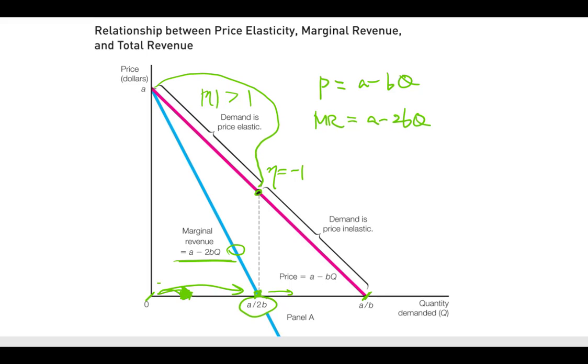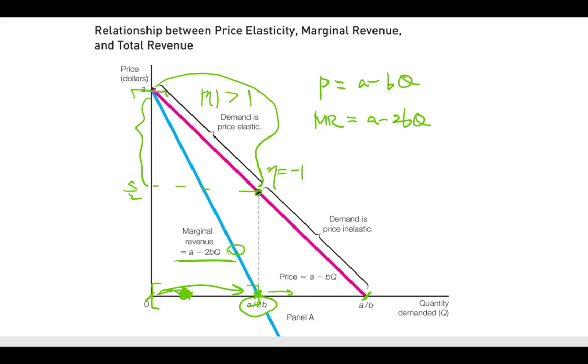Or in other words, where quantity is from 0 to A over 2B, or when the price is below A and above A over 2. For these regions where elasticity of demand is elastic, you make more money by increasing the sale, and you can think about a price changing strategy.